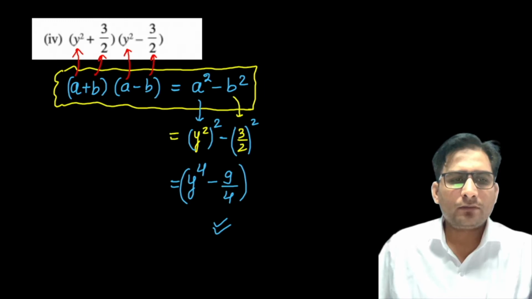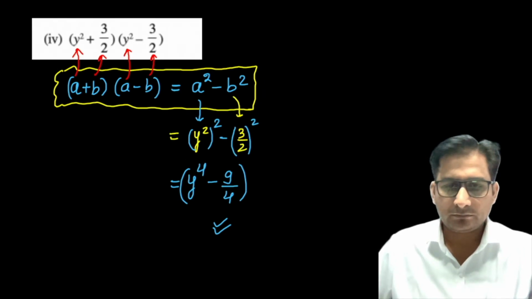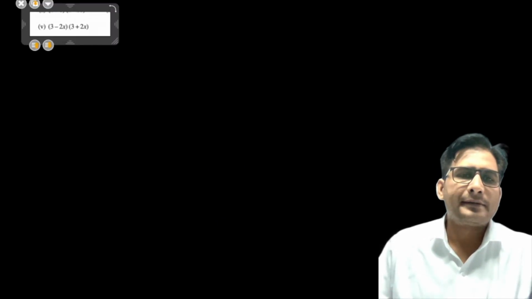Okay, now let us solve one more part based on this. Based on this identity, look at this part here: (3 minus 2x)(3 plus 2x).